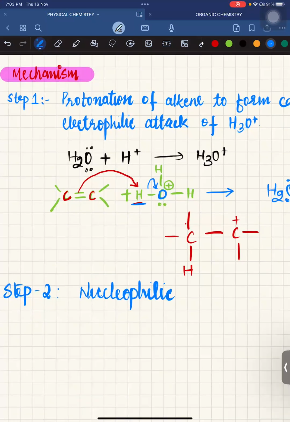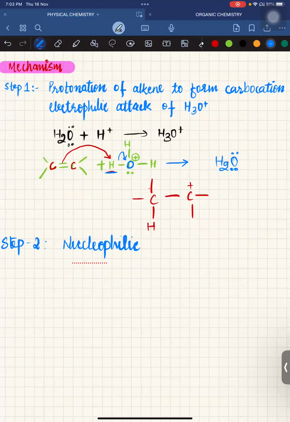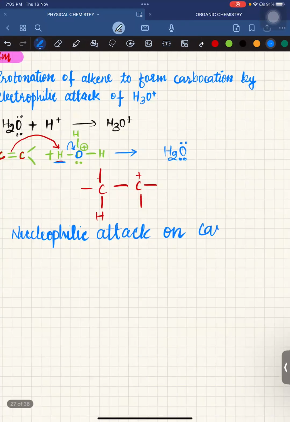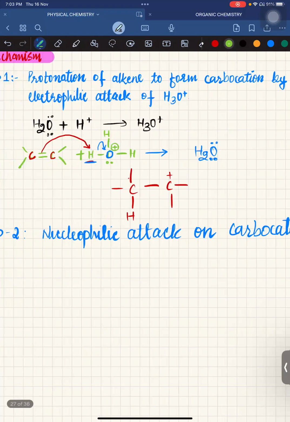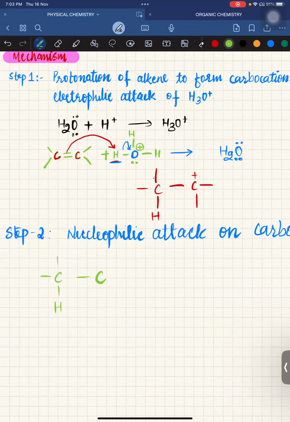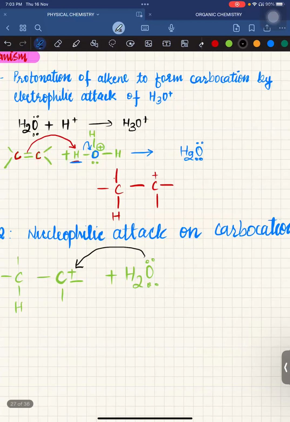That means we are going to take this carbocation, and since this carbocation is in water, hydrogen is there and C positive, and this will be there. So it is present in water. So it will be like this. Now this water is a nucleophile. So this will be attacking directly on carbon to satisfy carbon.